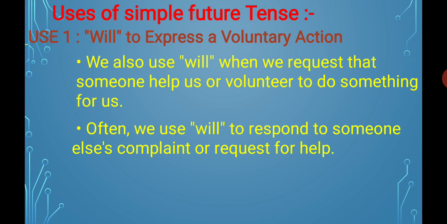Or we can say that often we use will to respond to someone else's complaint or request for help. If somebody is asking us for help and we say yes or no, then at that time we use the simple future tense.